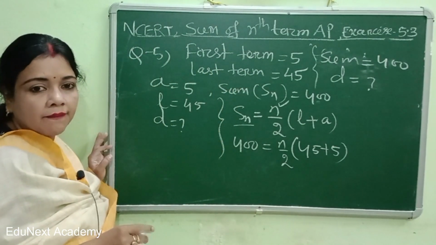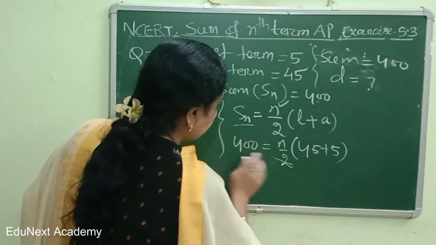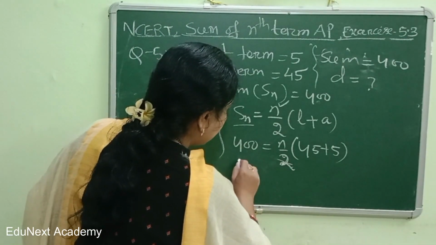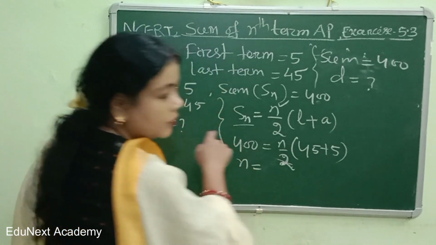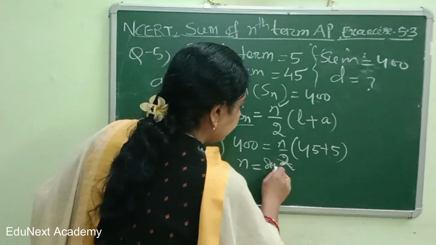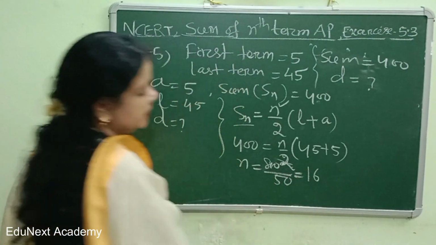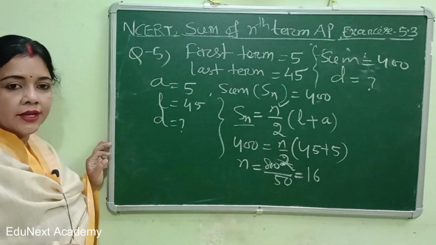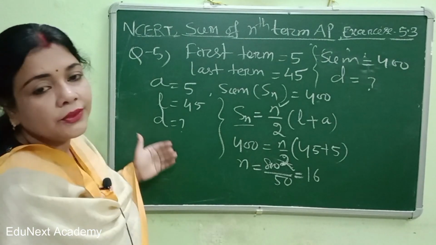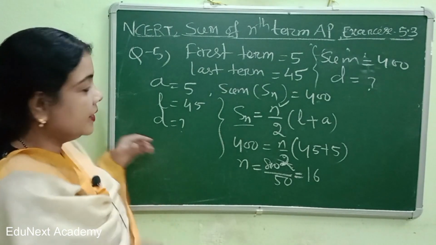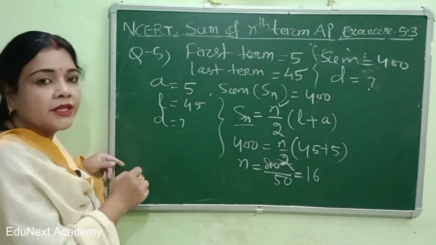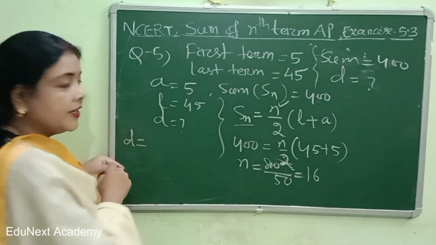After solving, I got n is equal to 2 into 400, that is 800, divided by 50. So I got 16. Now there is another formula you need to remember, a shortcut method. Now how do we find the difference d?